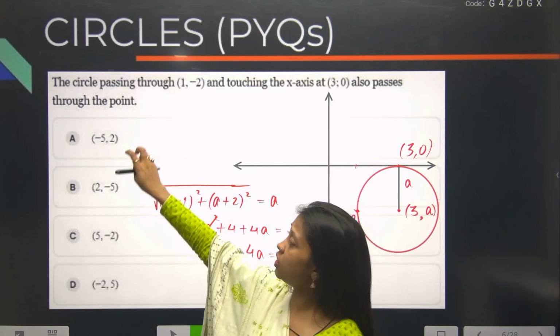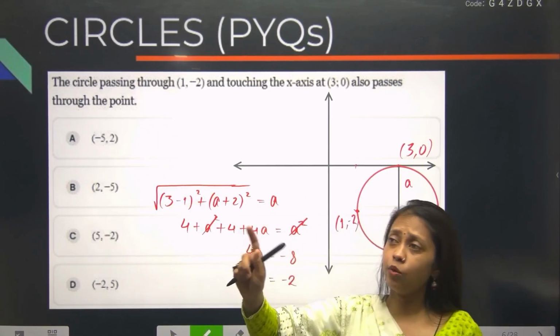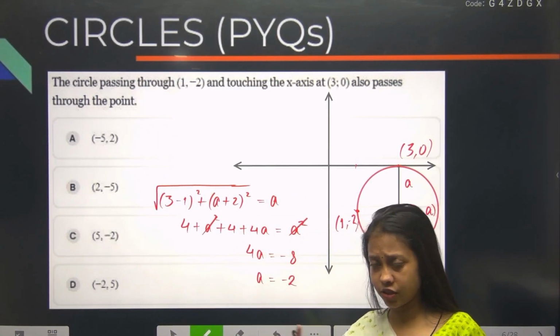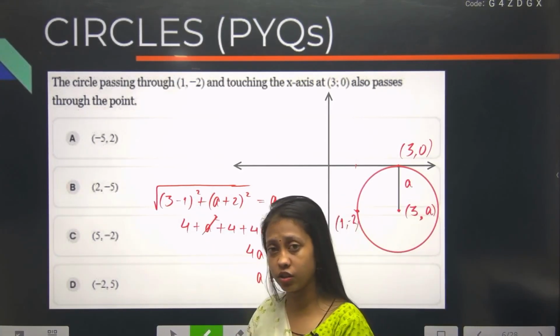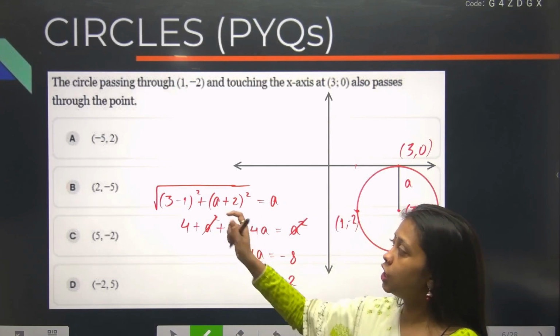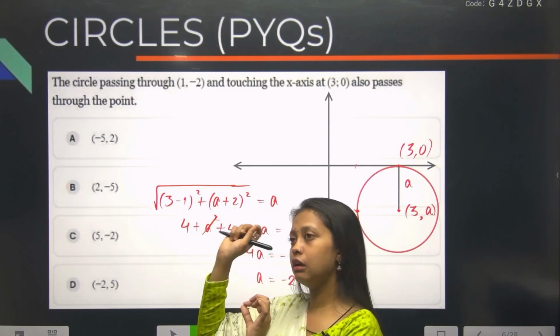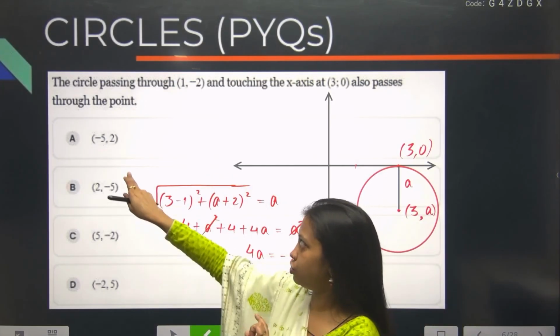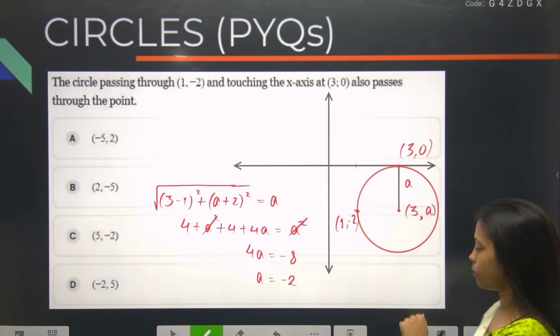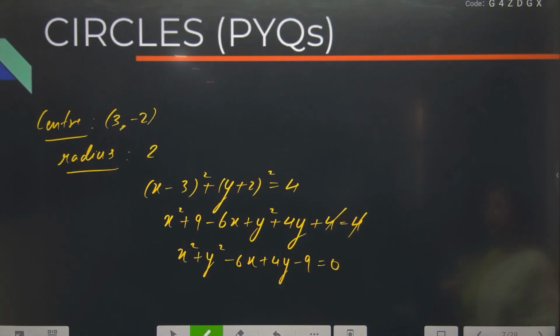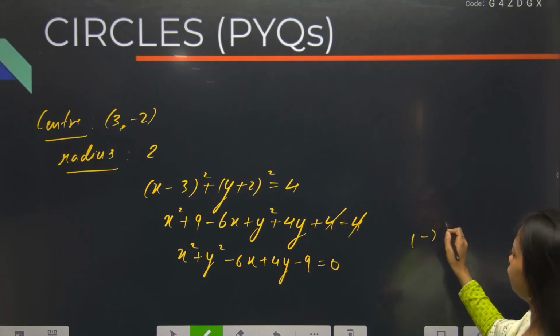Even the first will give you some idea: if I'm not getting left hand side equal to right hand side, that means this point is not satisfying the equation of the circle, and you can have some idea that this sign needs to be changed for maybe abscissa or ordinate so that I can get the answer. So minus 5 comma 2 is the first point.